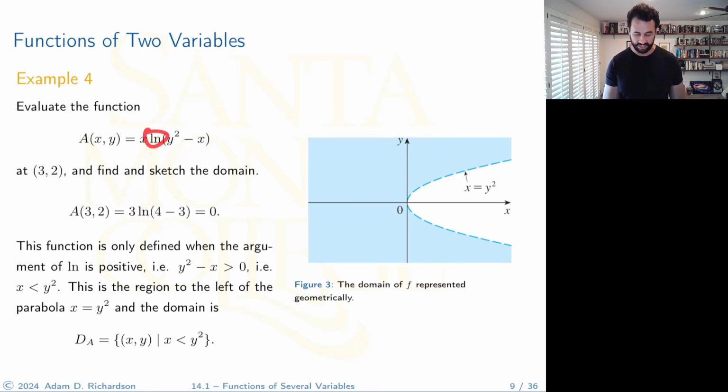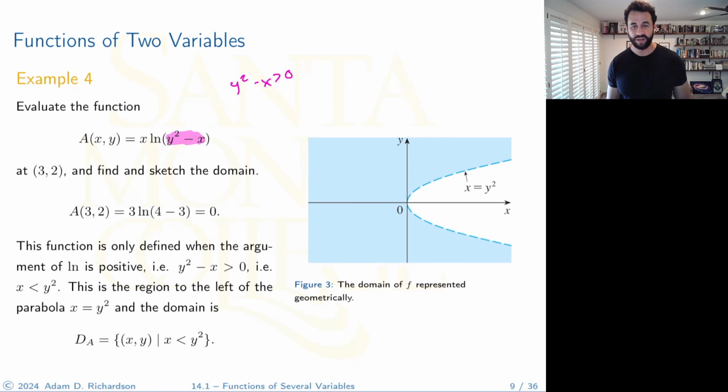Well, one thing, remember that the natural log function is only defined for positive numbers. So whatever is going into the natural log function, it better be strictly positive. So what we need is y squared minus x to be strictly positive.